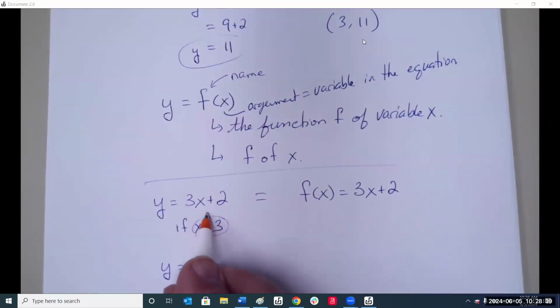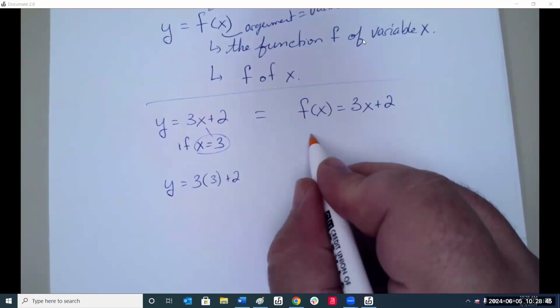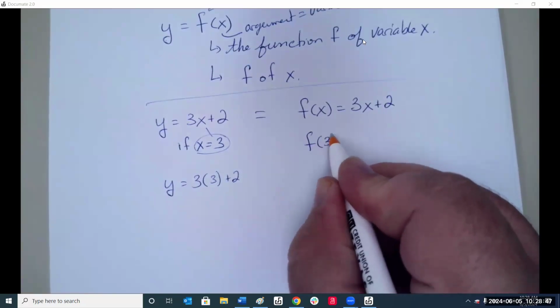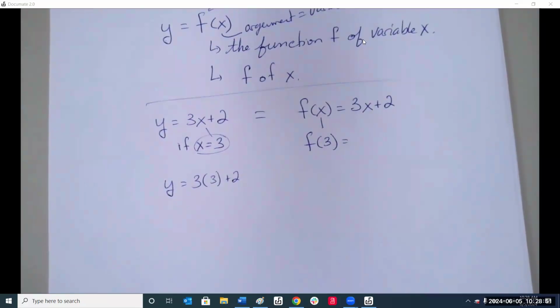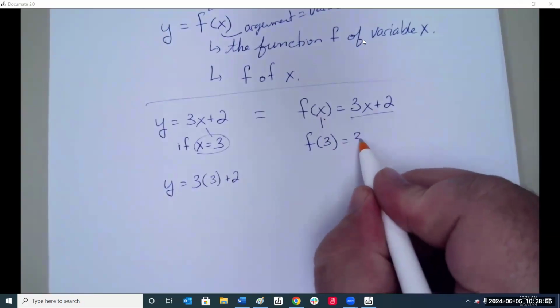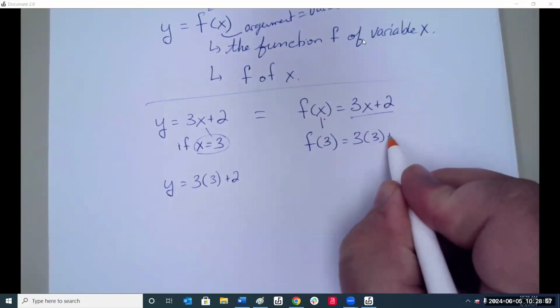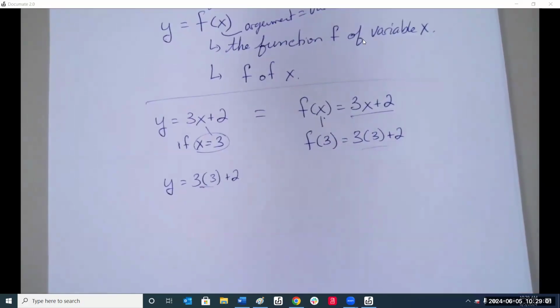Anywhere you see an x, you put a 3. But for functions, I define the variable inside the parentheses. That tells me anywhere I see an x inside the equation, I put that value. It's going to give us the same answer. It just looks a lot easier that way.